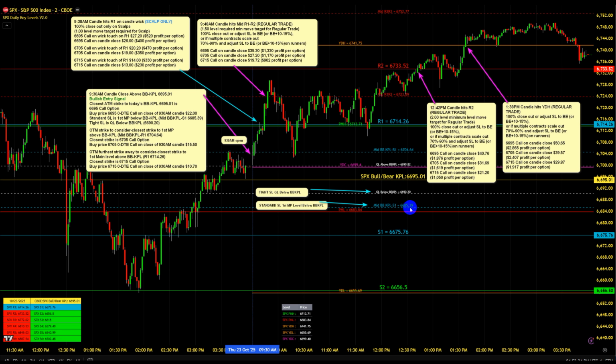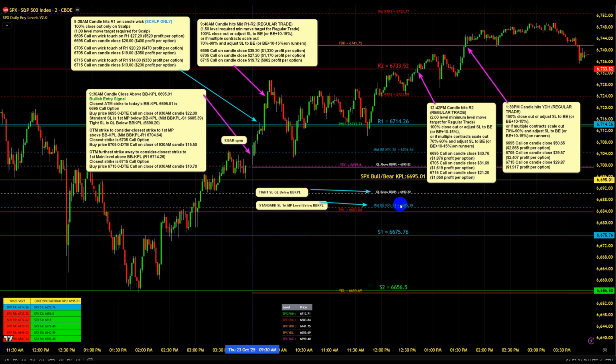So your standard stop loss is this level here. Your tight stop loss, if you prefer to use a tight stop loss, is the QL below on a bullish trade, the QL below the level that you're trading the bullish trade from. In this case, the bull bear KPL. So our tight stop loss, if we prefer to use that, is the QL below the bull bear KPL.